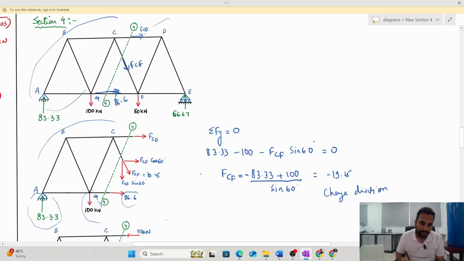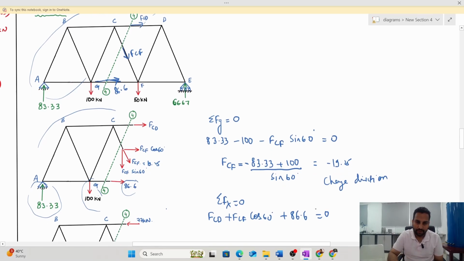That means FCF is not outwards, it is towards the joint. Similarly, if I do summation of forces Fx equals to 0, so I have FCD, I have FCF cos 60, I have plus 86.6 is equals to 0.